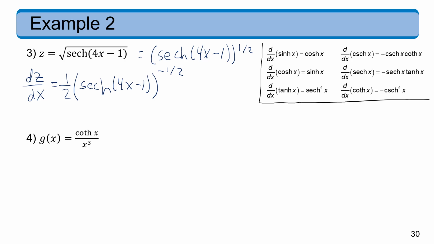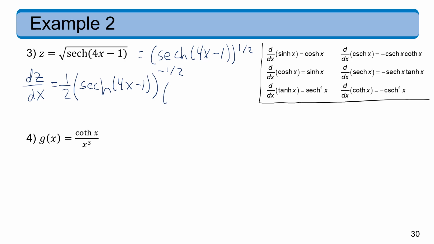Let's look at this. It's a composite function also, right, because it's not a plain x inside the hyperbolic secant. So the inside part now is 4x minus 1, and the outer function is hyperbolic secant of u. So we need the formula for hyperbolic secant, which you can see over on the right. So we're doing the derivative of the outside function first, which is hyperbolic secant.